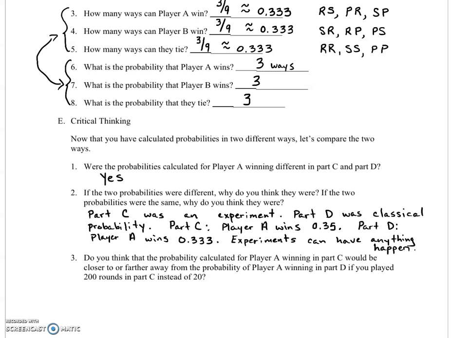Now, for number 3, do you think the probability calculated for player A winning in part C, so in our experiment, would be closer to or farther away from the probability of player A winning in part D, which is our classical probability, if you played 200 rounds instead of 20?